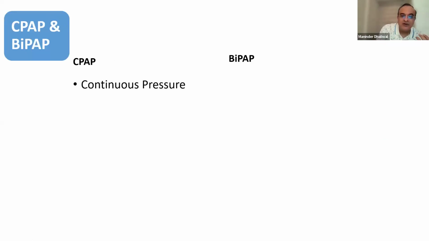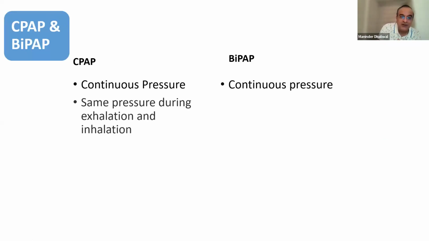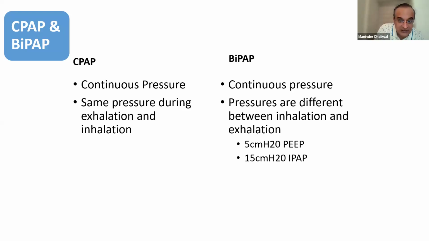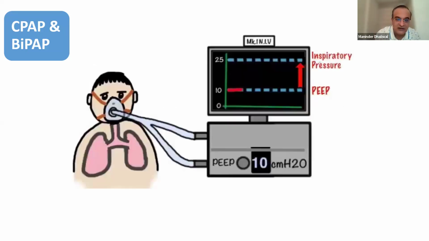So CPAP versus BiPAP. Again, CPAP is a continuous pressure, whereas BiPAP happens during inhalation and exhalation. So over here, the 5 PEEP can be 5 CPAP also. This means the same thing. And the I means whenever a patient takes a breath, there will be a support given to the patient, which is IPAP.